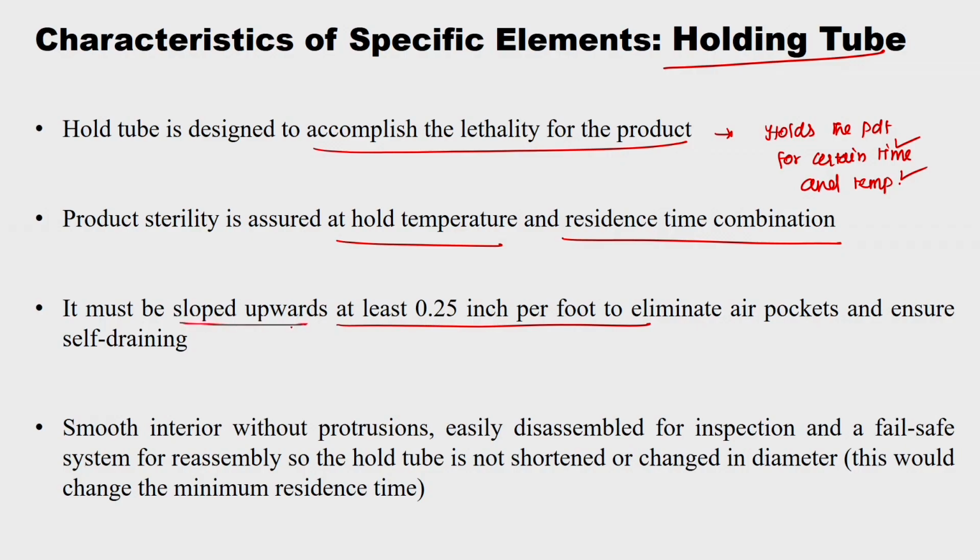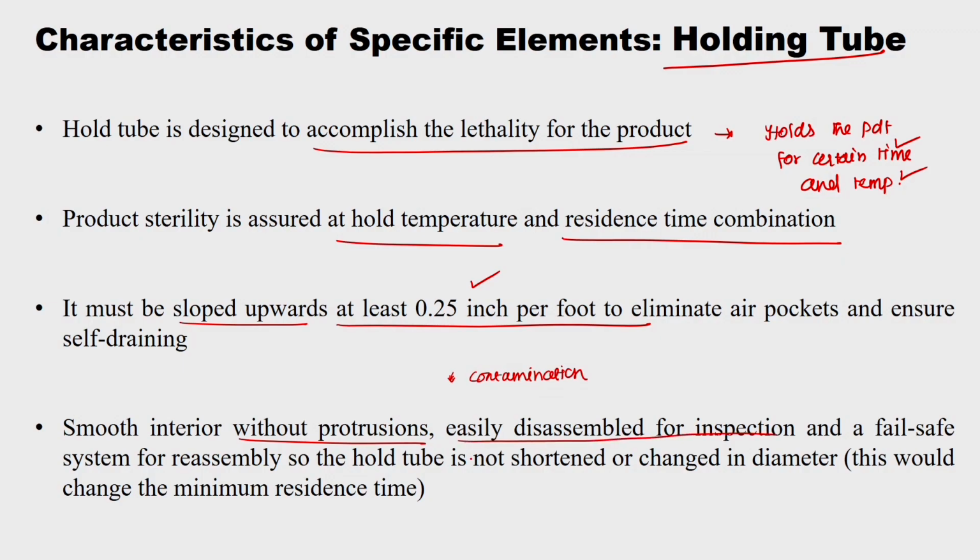So, it should be sloped up as per the GMP, good manufacturing practices, and have a smooth interior without protrusions, because if you have a pit kind of thing, then here also the milk pocket stays, and if not taken care of in the cleaning, or if the same is used for the next batch, then there may be a chance of contamination. So, contamination happens through these protrusions.